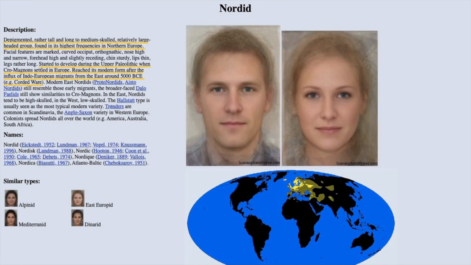And then you have the Nordic type itself, depigmented, rather tall and long, with medium skulled, relatively large headed group, found in its highest frequencies in Northern Europe, started to develop during the Upper Paleolithic, when Cro-Magnons settled in Europe, reached its modern form after the influx of Indo-European migrants from the east around 5000 BCE, Corded Ware, which is basically everything we just talked about.